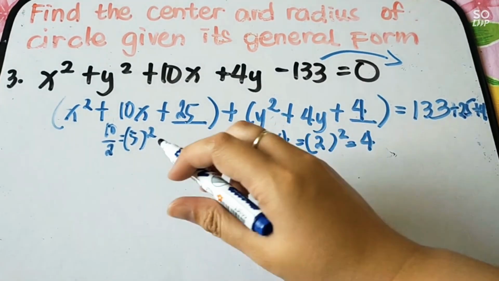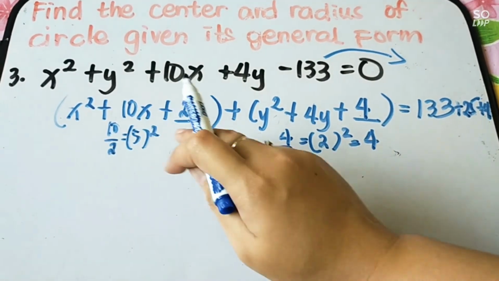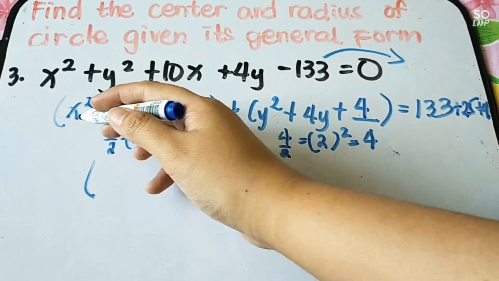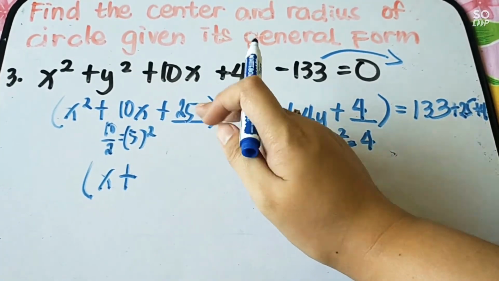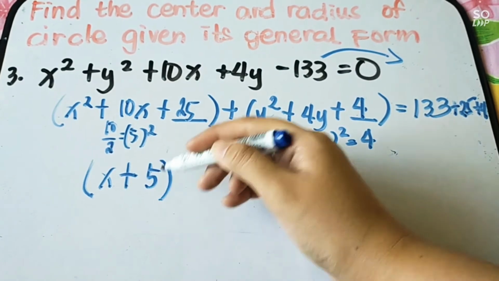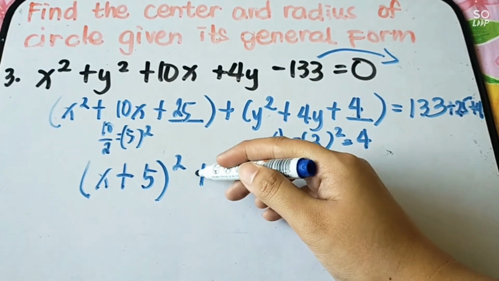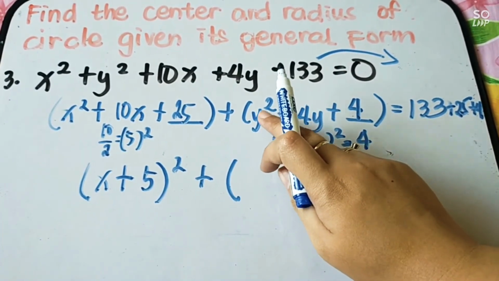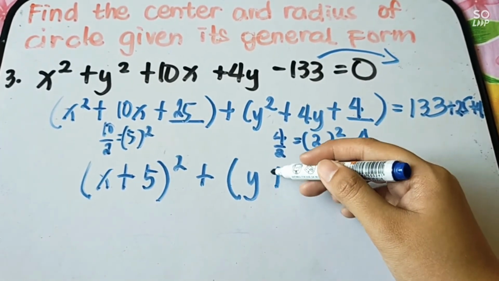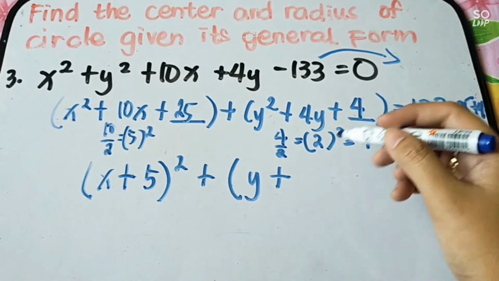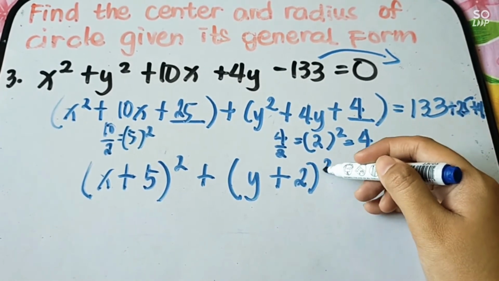Then, this one, factor it: x squared becomes x, then plus, what is the square root of 25? We have 5. Then, squared. Plus, what is the square root of y squared? We have y. Plus again, then 4, the square root of 4, we have 2. Squared.